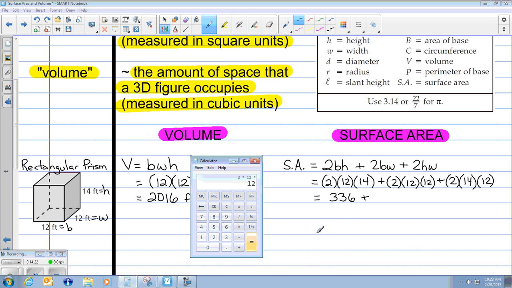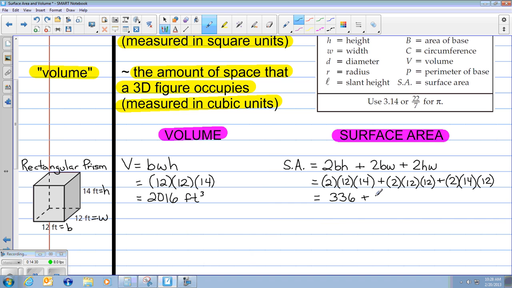Hoping you can do that one in your head. 12 times 12 you should know as a basic fact. That's 144. And then times 2, it should be 288, which it is. And then if you notice over here, we're doing 2 times 14 times 12, which is going to be the same as 2 times 12 times 14, because multiplication is commutative. So I know that that is going to be 336, just like the first part.